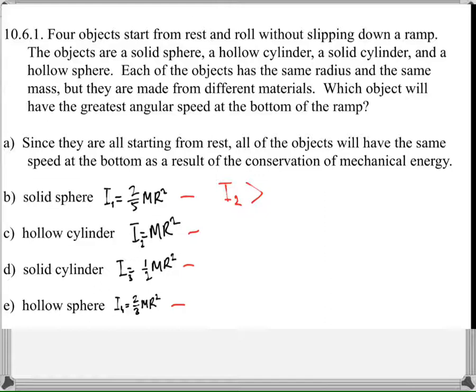I4 is larger than I1. Also, it is larger than I3. What about I1 and I3? Which one is larger? I3 is larger, and I1 is less.